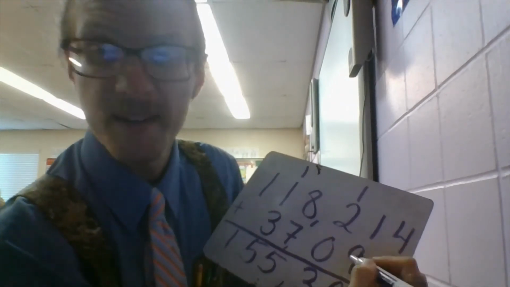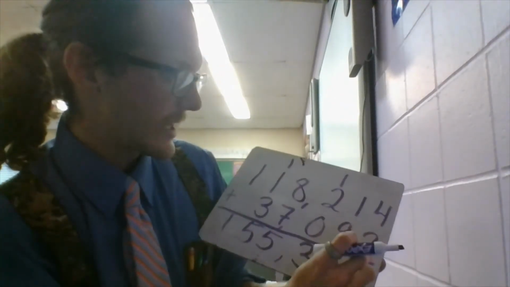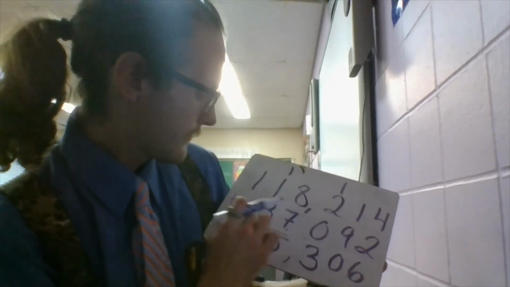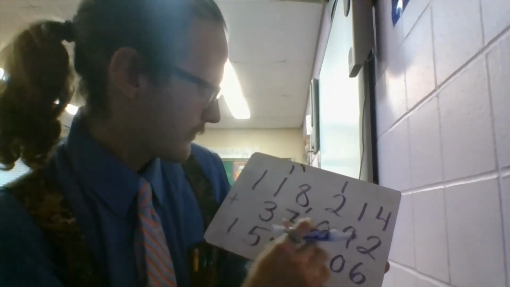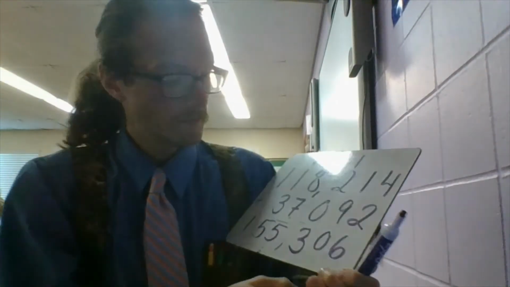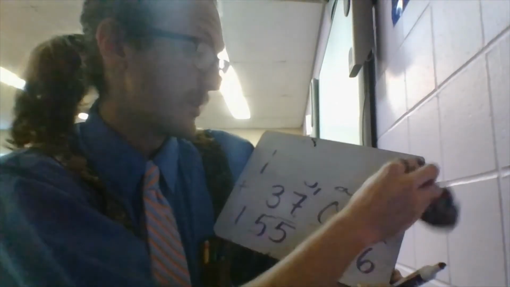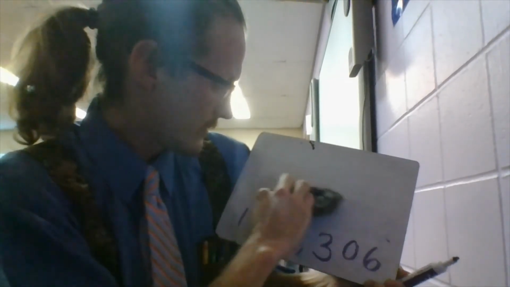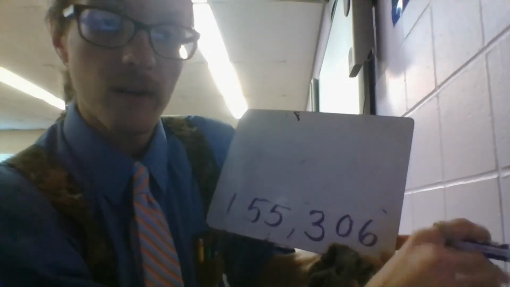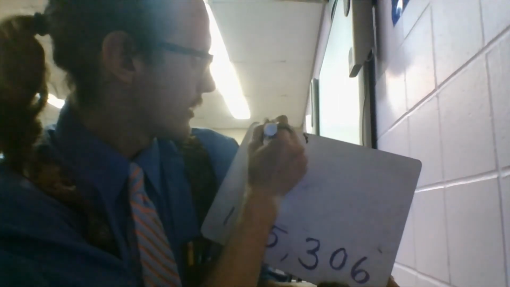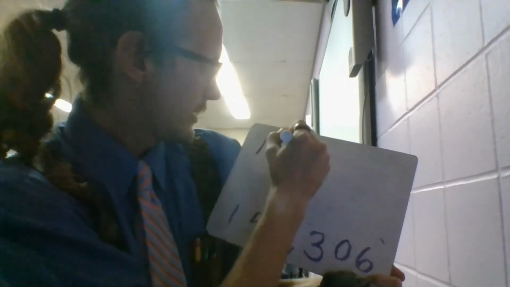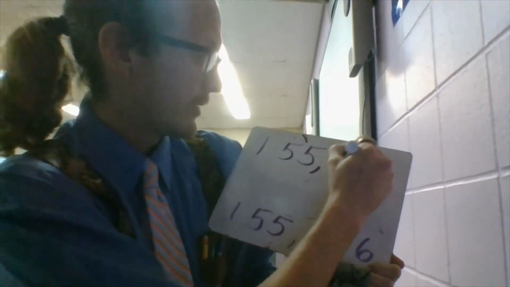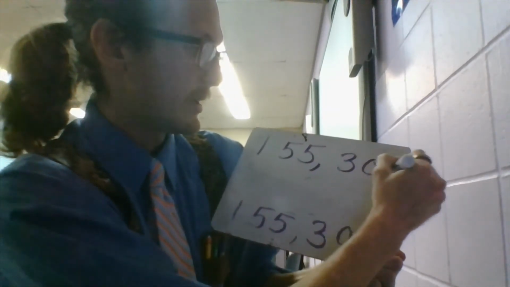That's right, sneakers. So we're going to take our total number here. I was going to try to get fancy, but I won't. We're going to take our total number so far. 155,306.